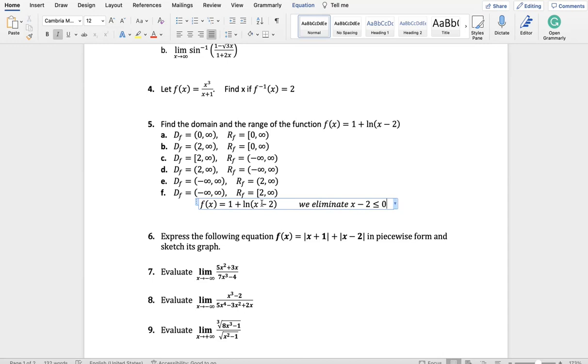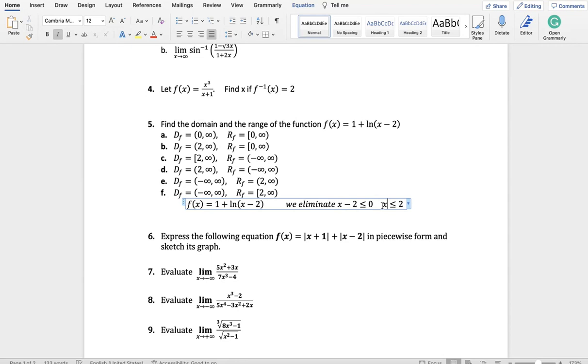You can't have the ln of 0, so you have to eliminate all the values of x that would make that 0 as well. And this just means, if you take 2 to the right hand side of this inequality, x should be less than or equal to 2. Okay, so that's the domain.